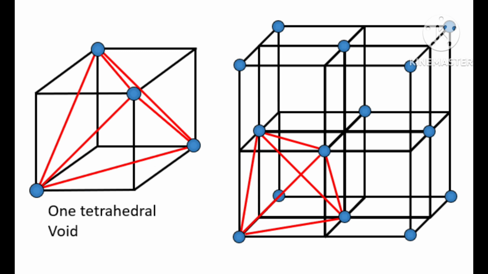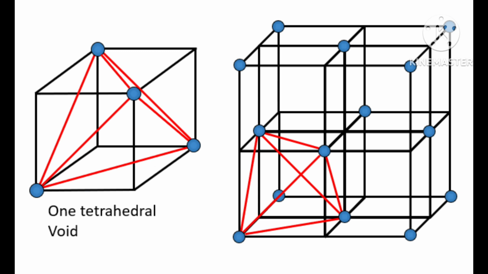Each cube has one tetrahedral void, then 8 cubes will have 8 tetrahedral voids. Each of the 8 small cubes has one void each, then obviously 8 tetrahedral voids will be there.